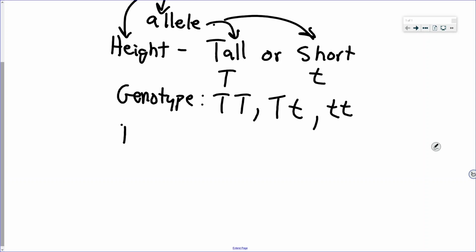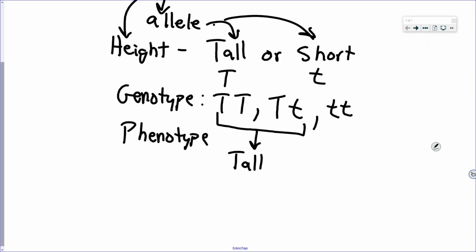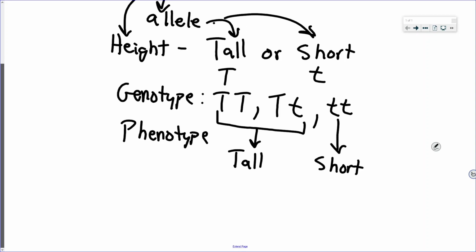The genotype then controls what we call the phenotype, or how the individual actually looks. So both capital T, capital T and capital T, lowercase t make a pea plant that is tall, whereas lowercase t, lowercase t makes a pea plant that is short. That's the phenotype of these plants.